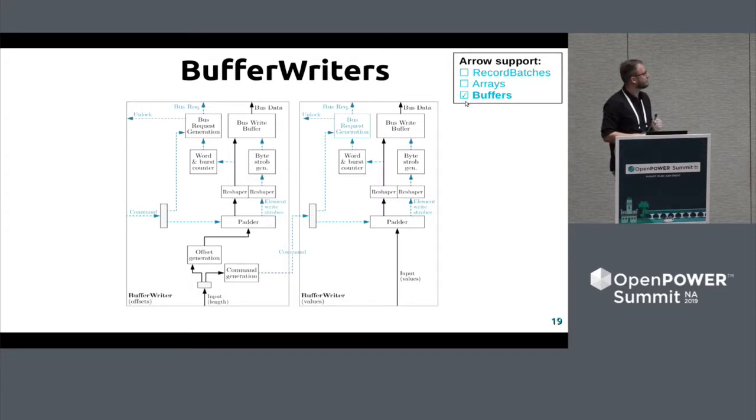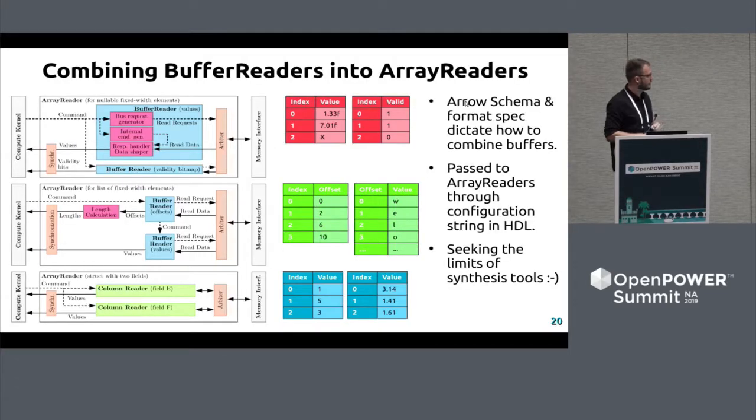All right. So then onto the next arrow artifact, which is the arrays, right? By combining all these buffer readers, I'm not going to show the writers for the sake of time, we can support all the different arrow types, right? We can support strings by combining an offsets and a values buffer, like we just saw.